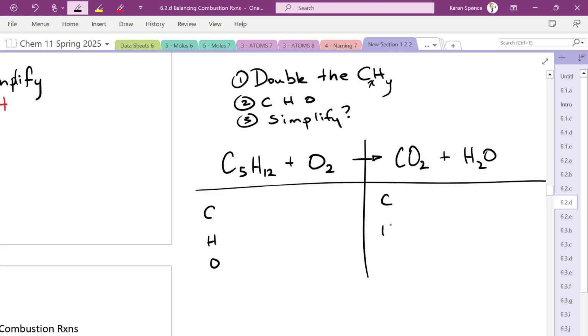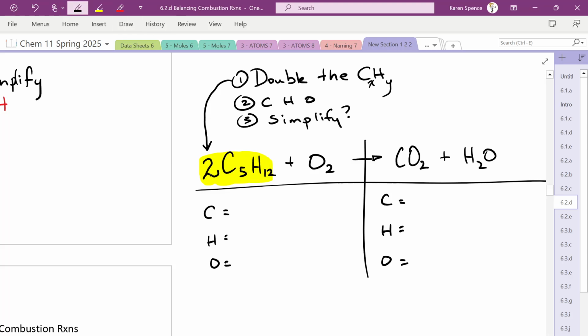Before I do anything, I want to put my 2 right in front, because I am doubling my hydrocarbon.